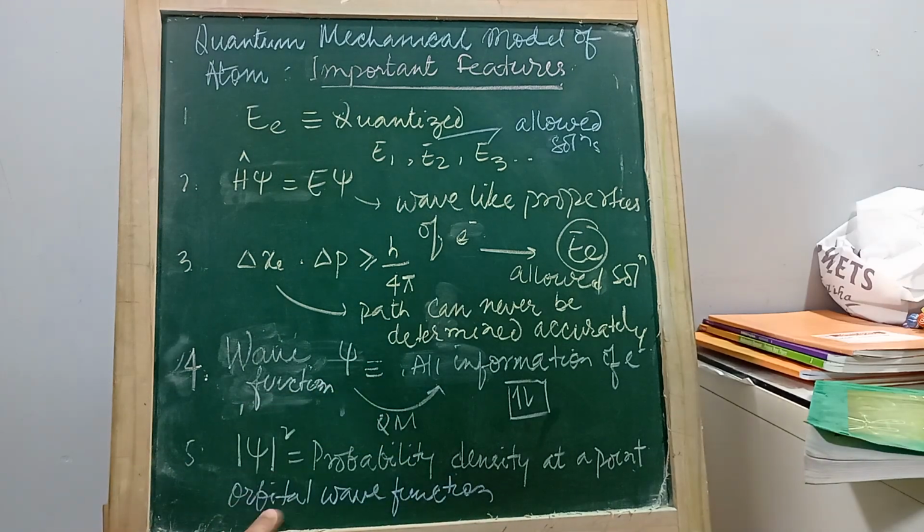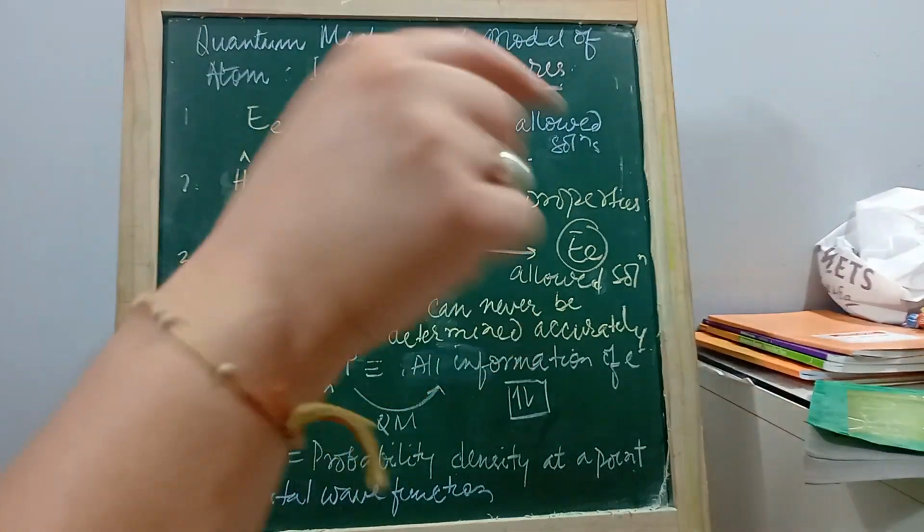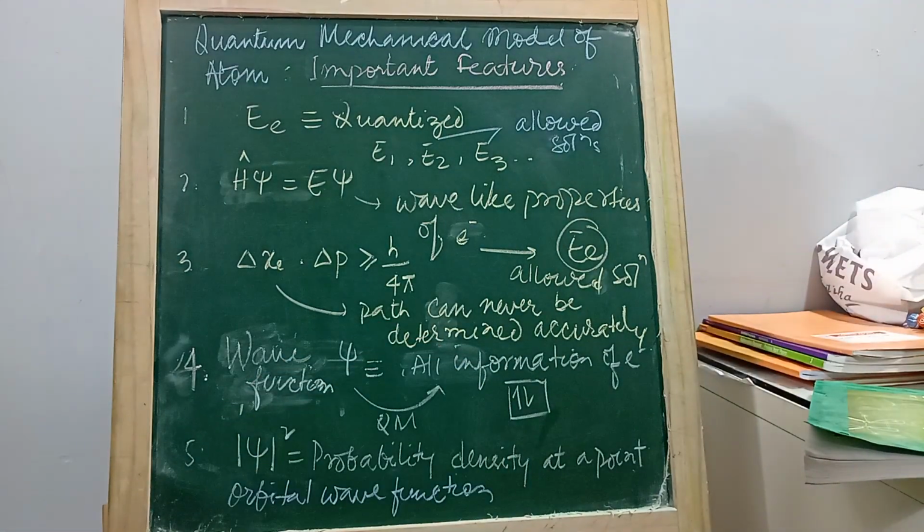The value of this will give the probability of finding an electron at this particular point around the nucleus in an atom. Hope this is somewhat clear.